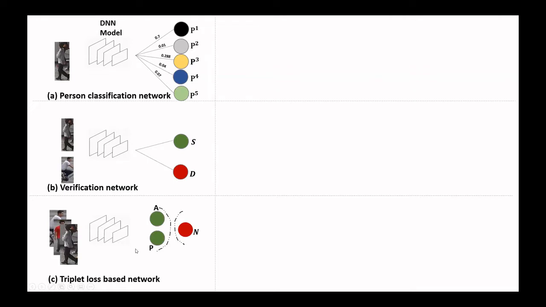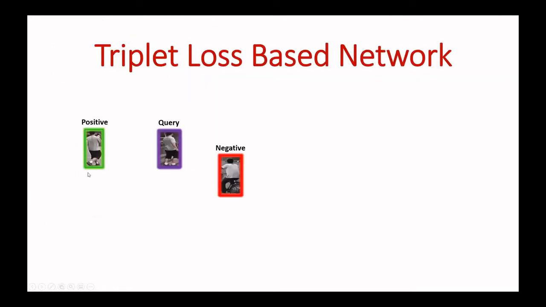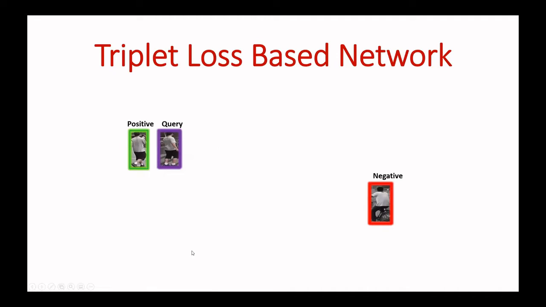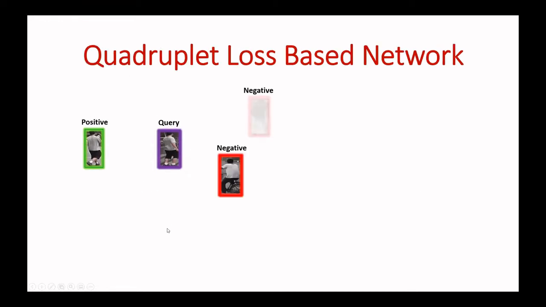Another way is called triplet loss based network. Here the idea is we have a positive, then we have a query and one negative. We want to learn the features so that the positive comes close to the query and the negative is pushed away, because we want to get better features for the positive or anchor.